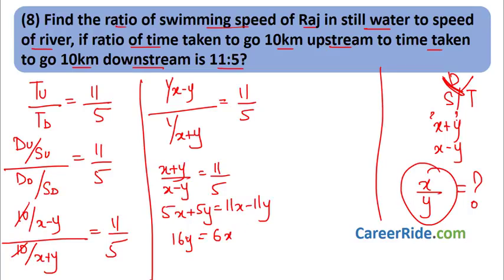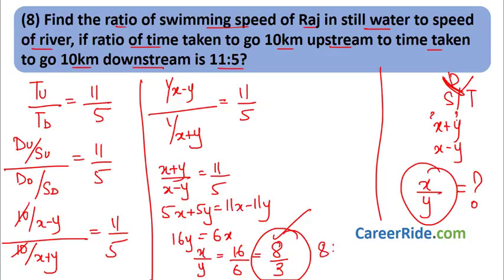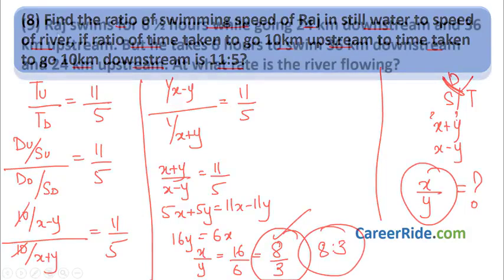Okay, 11 plus 5 is 16. So we'll have x upon y equals 16 upon 6, that would be 8/3. So the ratio of swimming speed of Raj in still water to speed of river is 8:3 or 8/3.